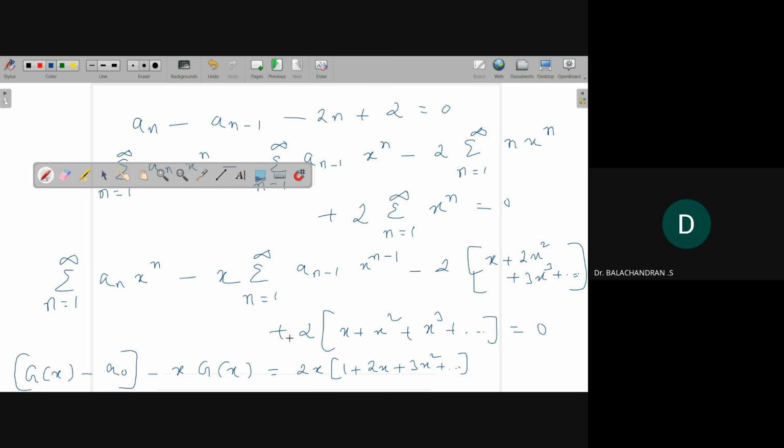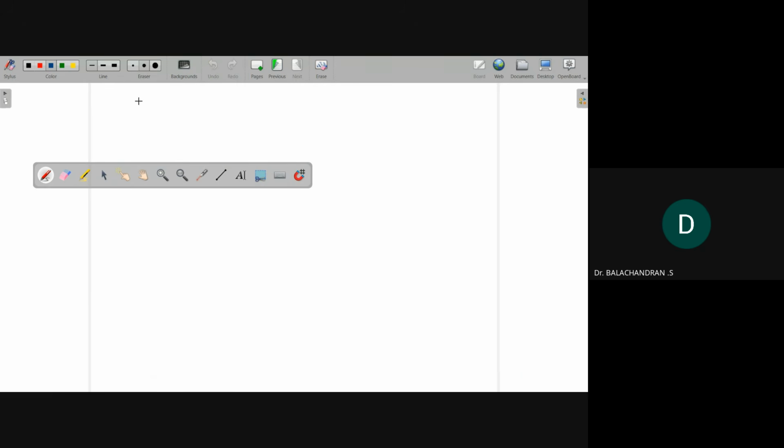Now I'll write this on the right hand side, minus 2 into, okay, I think if I take x common, minus 2 into x, 1 plus x plus x square and so on and so on. Okay, now if I take g of x common, g of x into 1 minus x.